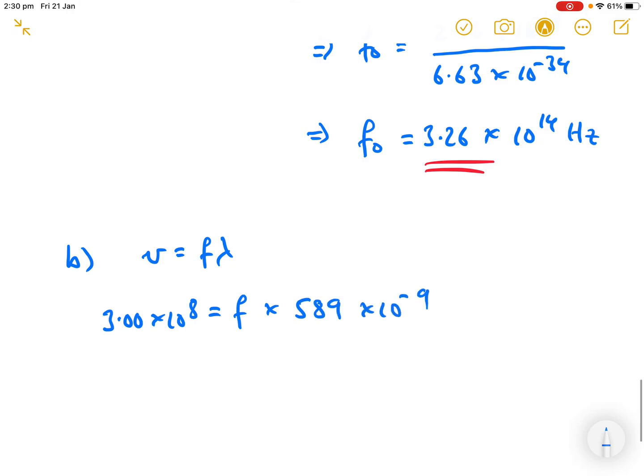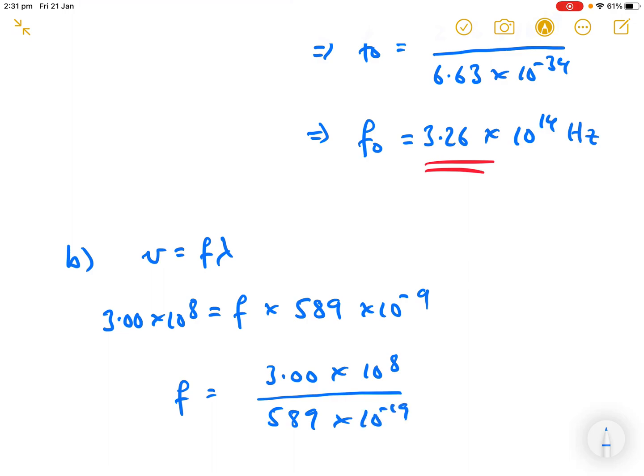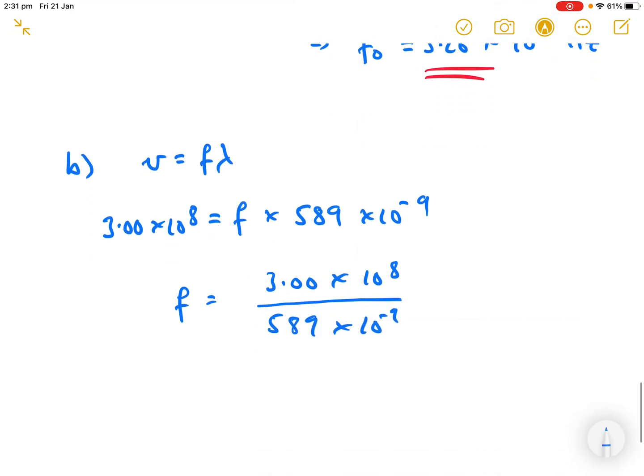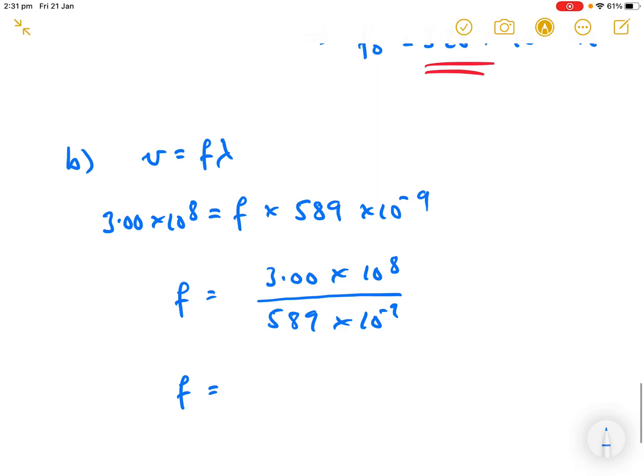So that's times 10 to the minus 9, remember. So the frequency itself is 3 times 10 to the 8 divided by 589 times 10 to the minus 9. And that gives me a frequency of this incoming radiation of 5.09 times 10 to the 14 hertz.